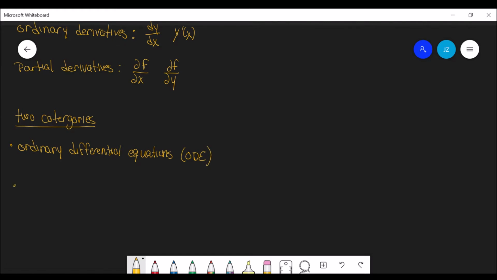We can also have equations that involve partial derivatives. These are called partial differential equations, or PDEs. In this course, we are going to look at methods of solving only ordinary differential equations. The study of solutions of partial differential equations is a course in and of itself.